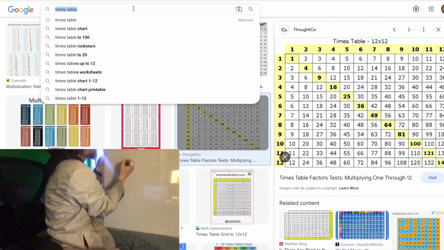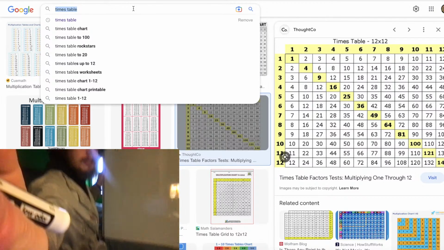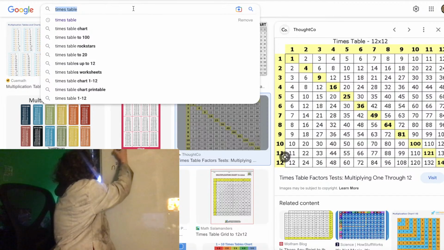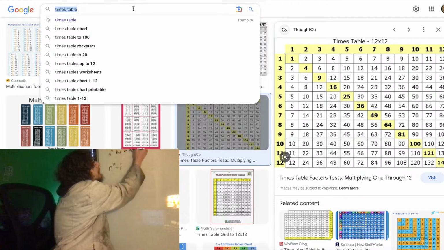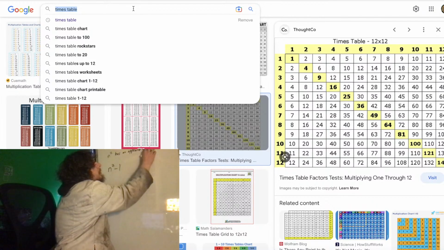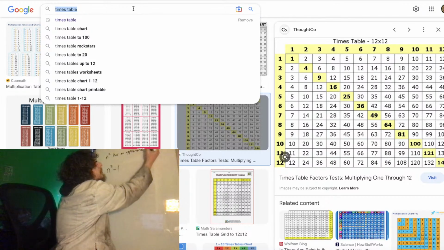minus 1. So, here are some patterns we noted. N squared has an appearance on the diagonal. These are going to come in handy when we look at our modular versions. So n squared, the number, has an appearance on the main diagonal.